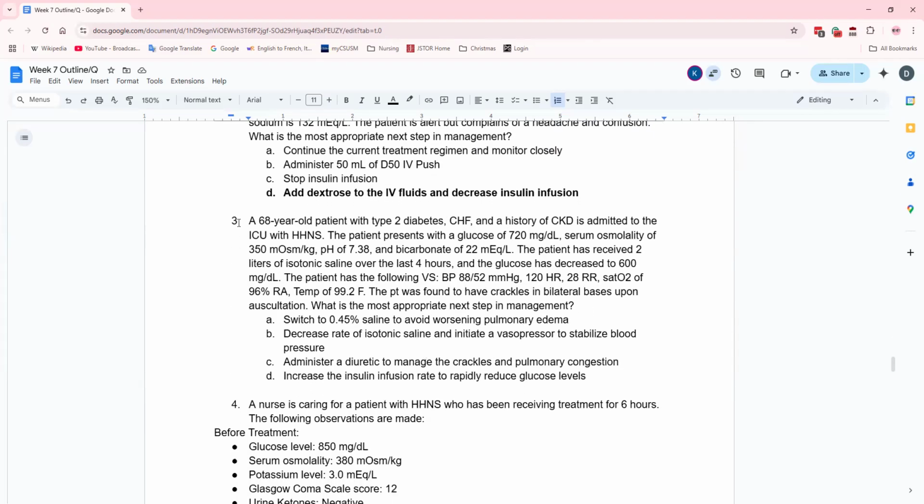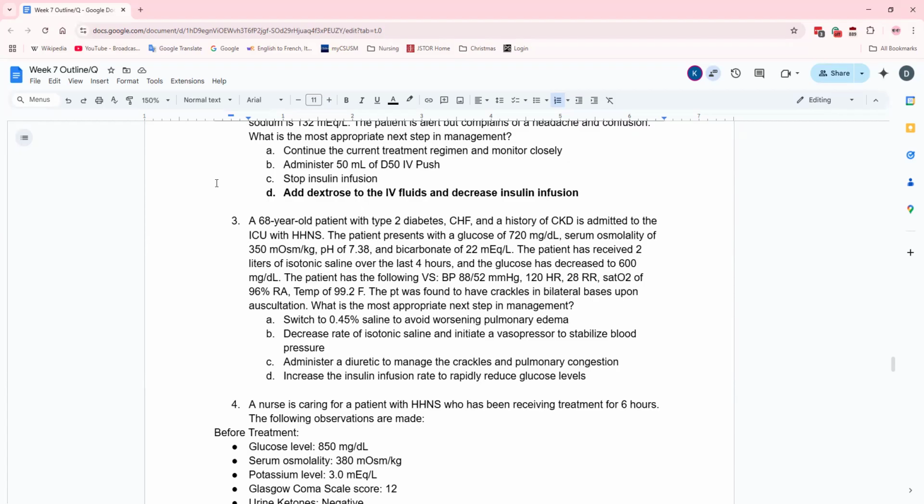Number 3, a 68-year-old patient with type 2 diabetes, congestive heart failure, and a history of chronic kidney disease is admitted to the ICU with HHNS. The patient presents with a glucose of 720, an osmolarity of 350, a pH of 7.38, and a bicarb of 22.